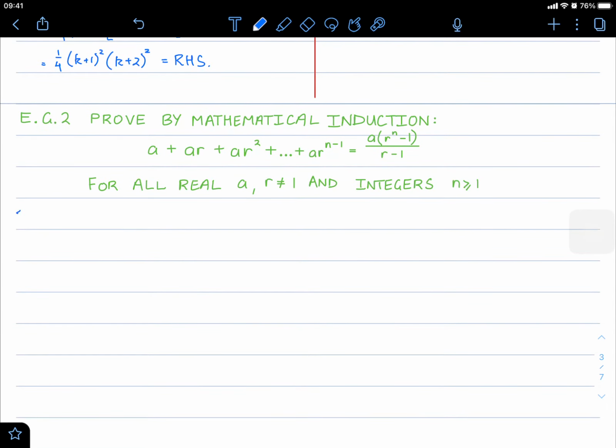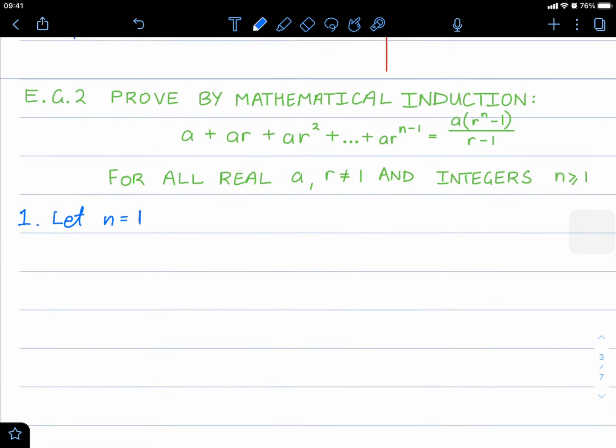So for step 1, we let n equal the smallest number in the domain. So if this were 2, we let n equal 2. But for this example, the smallest number is 1.